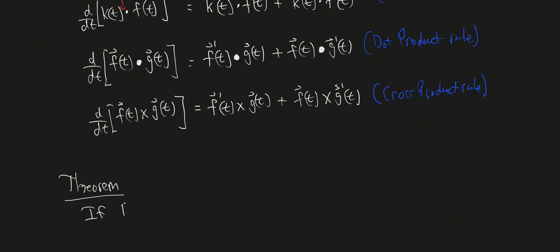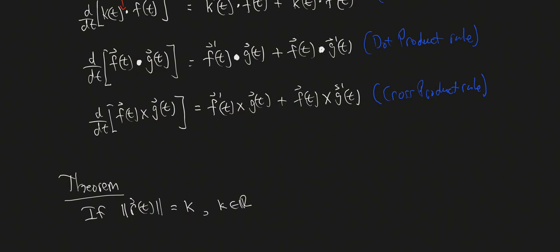If the magnitude of your vector function, whether it's in R2 or R3, is equal to a constant, right? Or k is some constant. So in other words, the magnitude never changes.